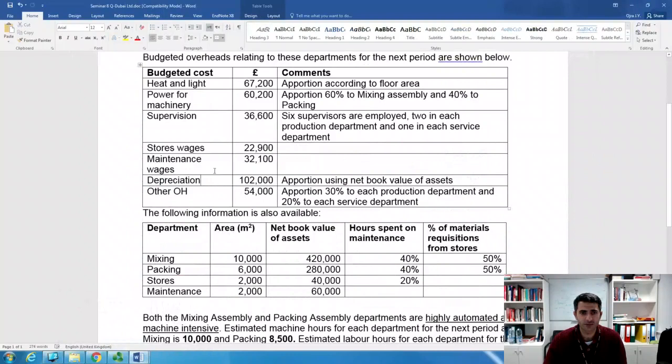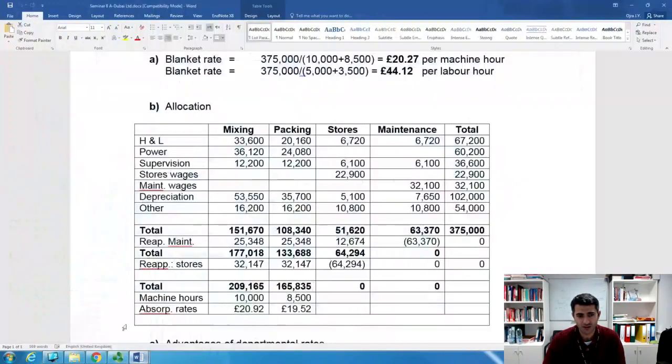Next one, we talk about wages. Now if you look here, the question specifies stores wages. So the 22,900 is related only to stores. Okay, in this case, the only department we need to allocate to is stores.